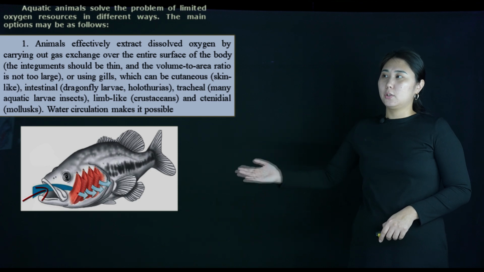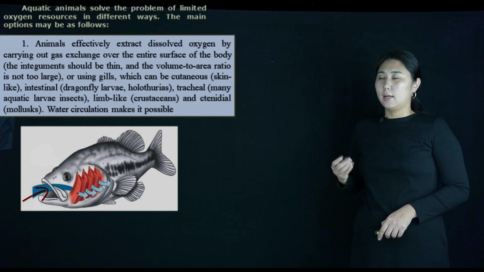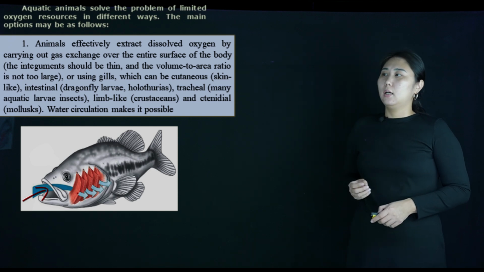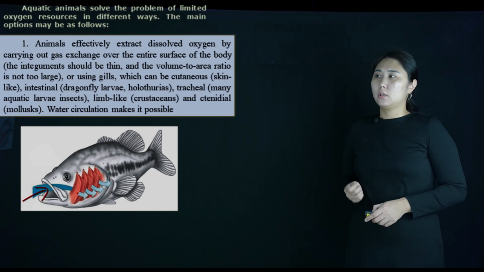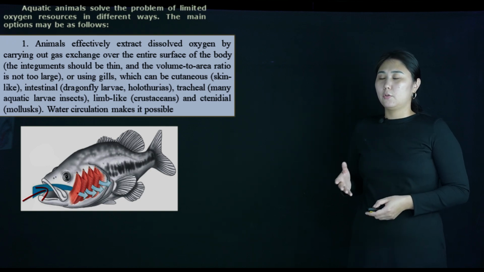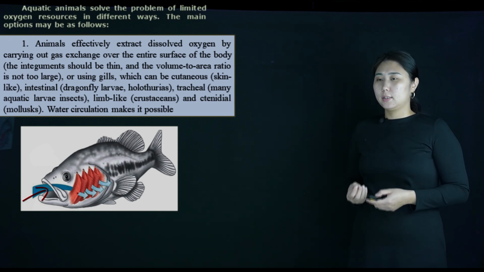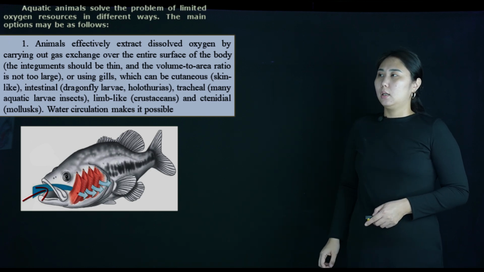You can see in this picture gills which can be cutaneous, like skin-like, or intestinal, tracheal, limb-like, and the ctenidial. For example, in mollusks, water circulation makes it possible. So aquatic animals, fishes, mollusks, can take oxygen from water by their gills or other organs in their organism. So that is the first type.